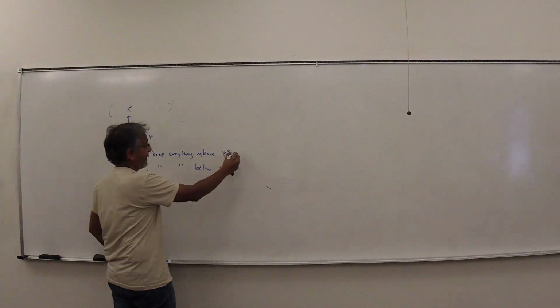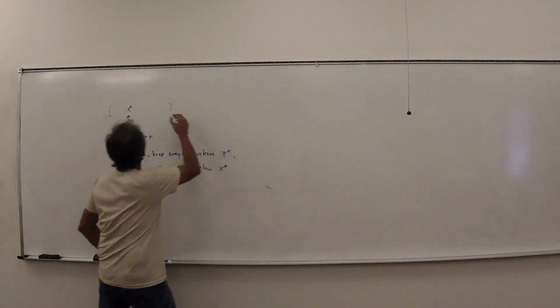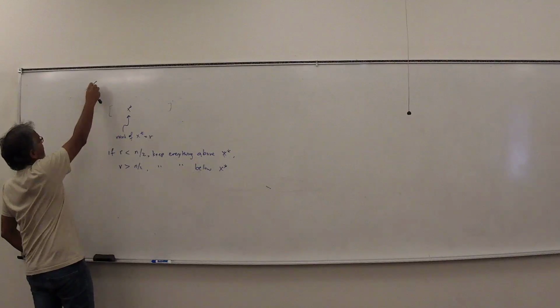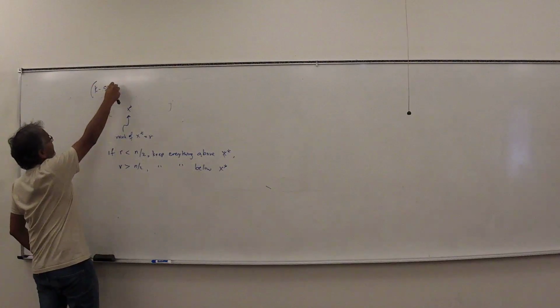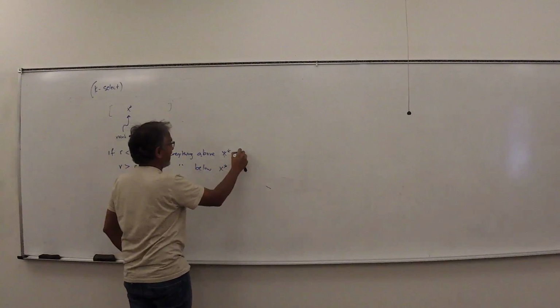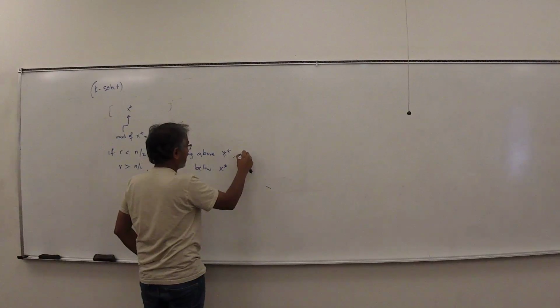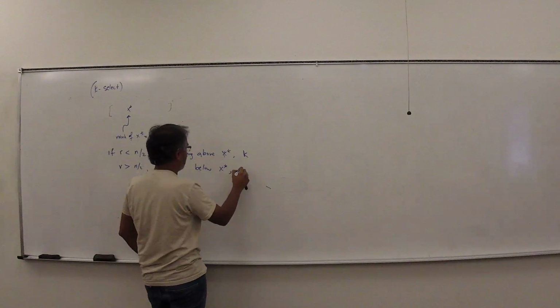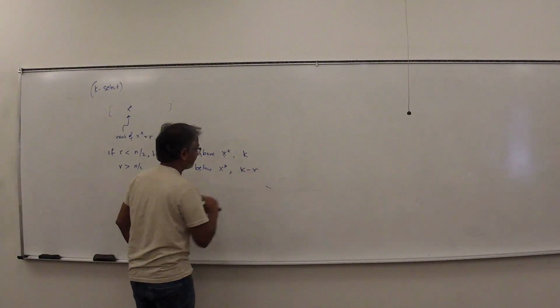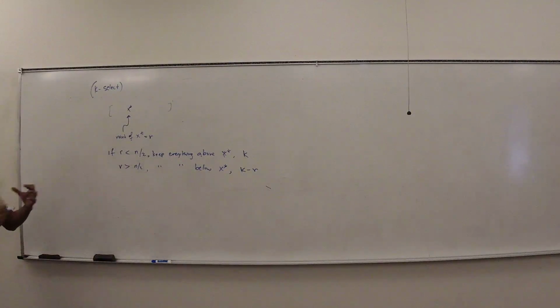keep everything above X star and then invoke, so let's say the select is the case select problem, right? And then we said set the pass k in. In this case, you pass k minus R, just to adjust to the fact that you're looking for a different rank element in this case. Okay?